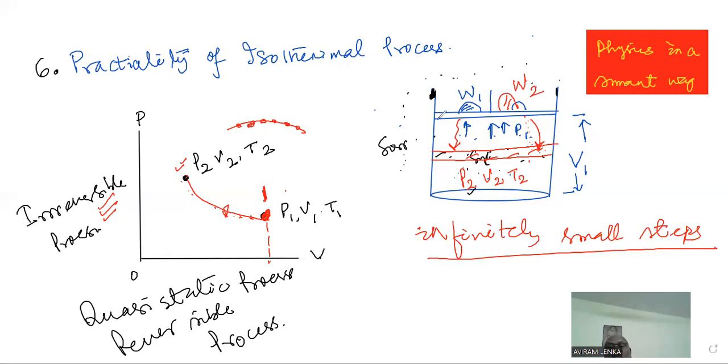If it is a reversible isothermal process, the walls must be conducting. Initially, the weight on the piston was W1. Finally, the weight on the piston is W2. We first find the difference between W1 and W2.